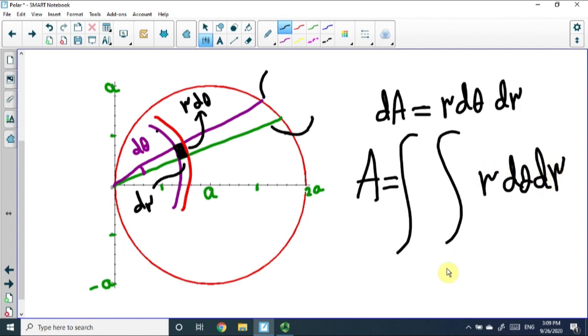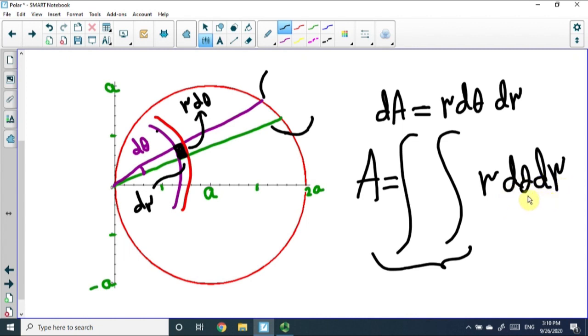The only problem left is to determine what are the limits that we should put in these integrations. If you understand this part so far, let's move to the next part, and that's to determine the limits. Now it depends on which order we want to do. Do we want to start with integration over theta and then finish with r, or the opposite?